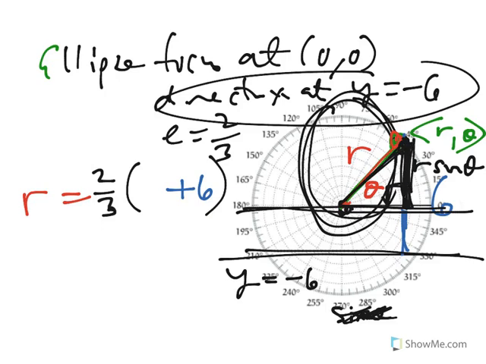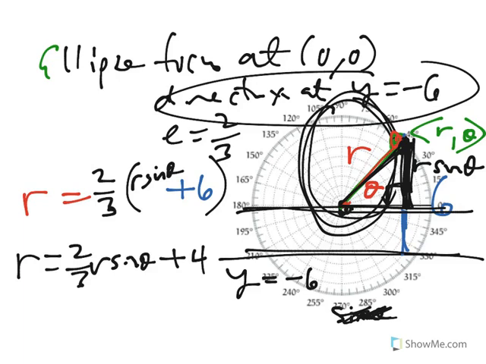So it's 2/3 times r sine theta plus 6. To make it look nicer, 2/3 of 6 is 4.